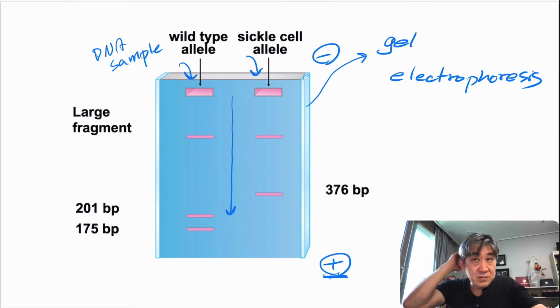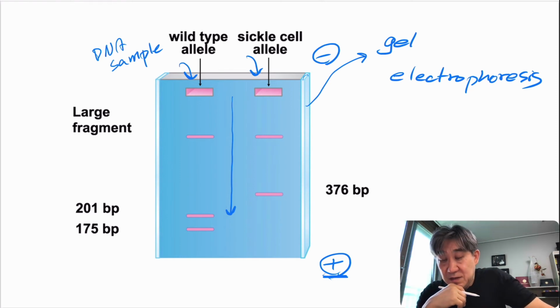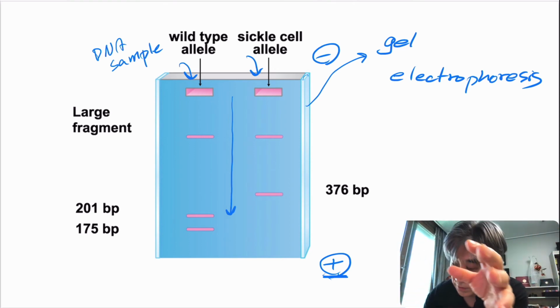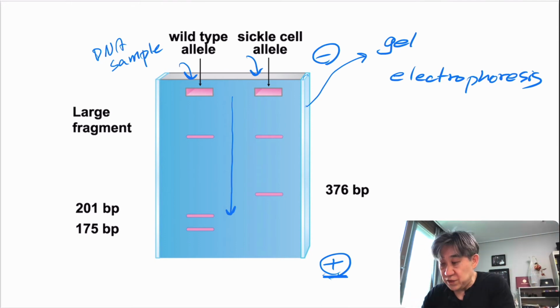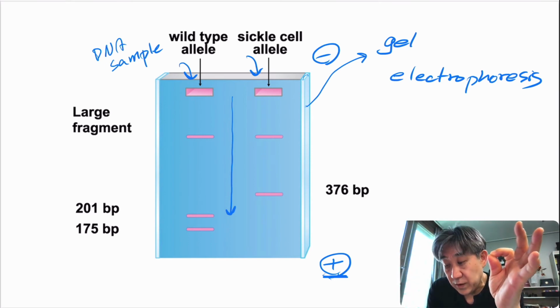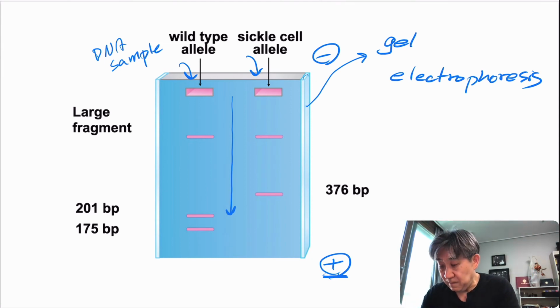But there will be a speed difference. The larger fragment will have difficulty getting through these small pores, which make up this gel-like material. On the other hand, the small nucleic acid fragment will find it much easier to move through these small pores, so they will end up faster than the larger fragment.